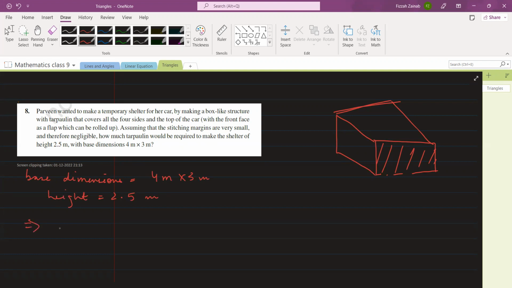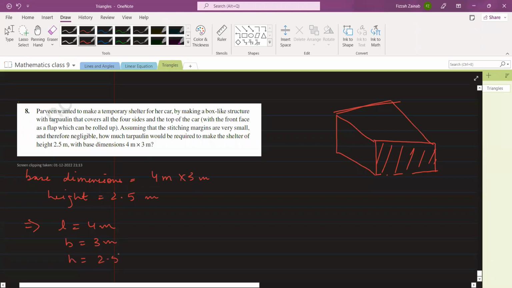So basically your length is 4 meter, breadth is 3 meter, and the height is 2.5 meter. So we have to find the area of the cuboid minus the area of the base. Understand? Yes, ma'am. Okay.